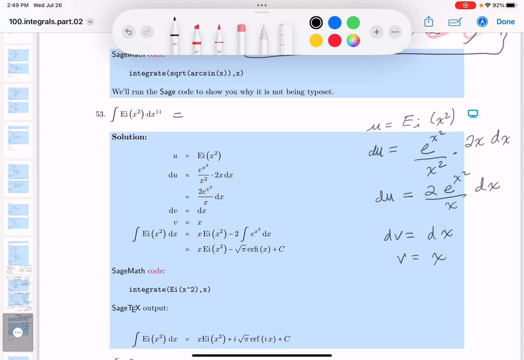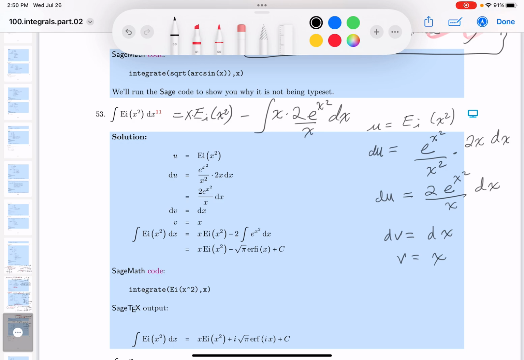It's going to be uv, so e to the x squared times x, put that in front, minus the v, which is x, times the du, which is 2 e to the x squared over x dx.